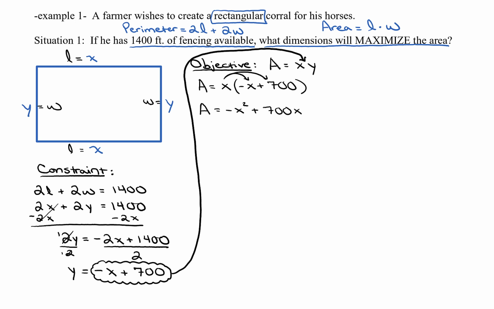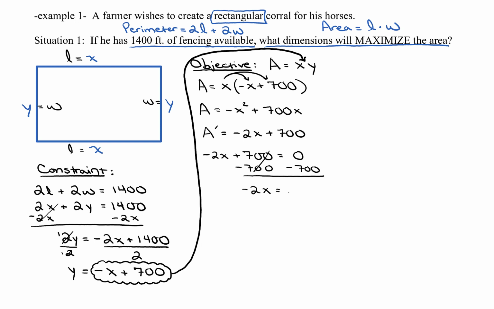I am now going to find the derivative of A. So A prime is going to be equal to negative 2X plus 700. I'm going to rewrite the equation so it says negative 2X plus 700 equals 0, so we can find our critical values. We're going to subtract 700 from both sides of the equal sign, and then our 700 and our minus 700 will zero out.